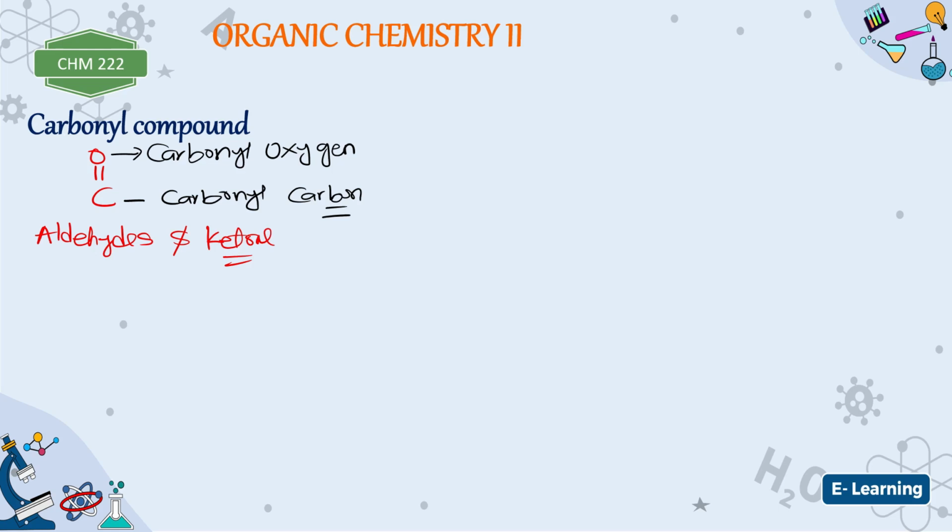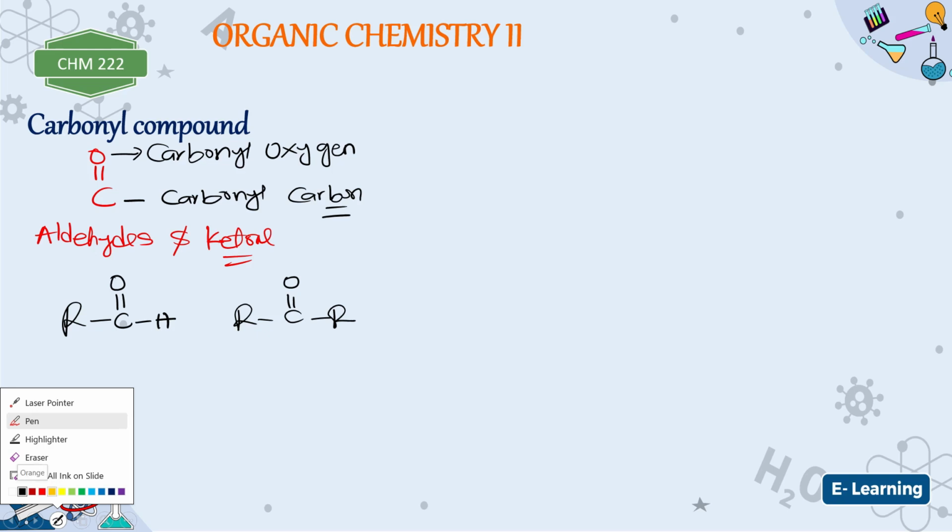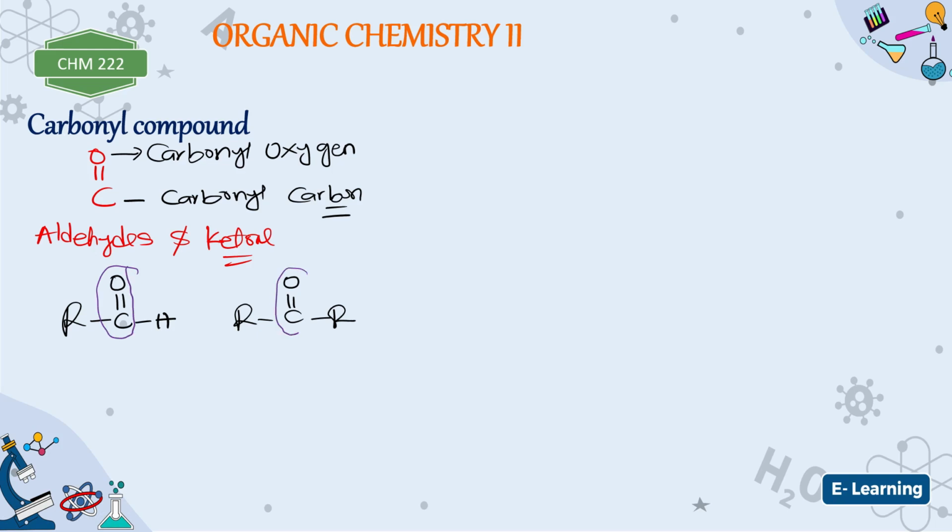Now, what is the discrepancy between aldehydes and ketones? This is the functional group called aldehyde, while this is the functional group called the ketone. What is peculiar to both functional groups? Both have the carbonyl group. However, both of them also have an alkyl group.